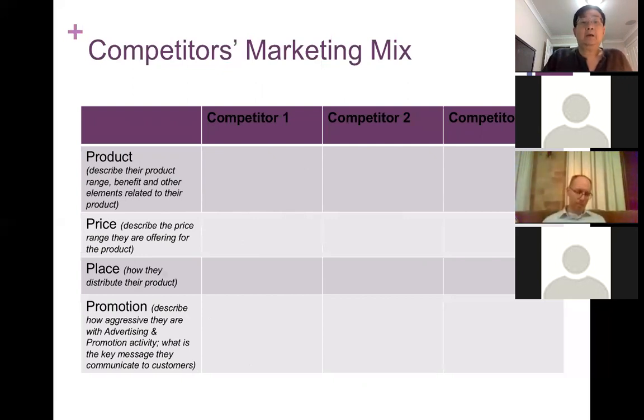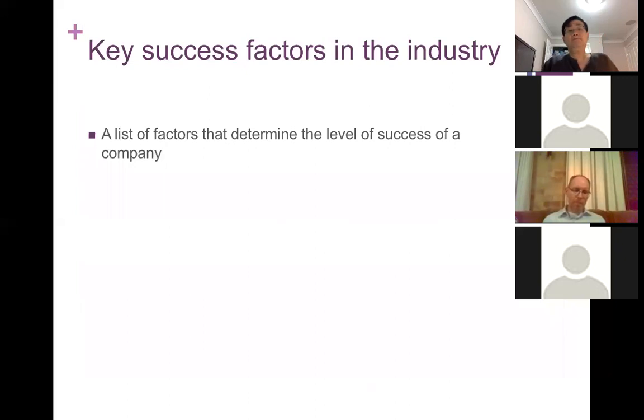So that's basically the competitor analysis. Guys, the other thing about the competitors that I'd like to recommend you to consider is the key success factors in the industry. List down what it takes to be successful in this industry.